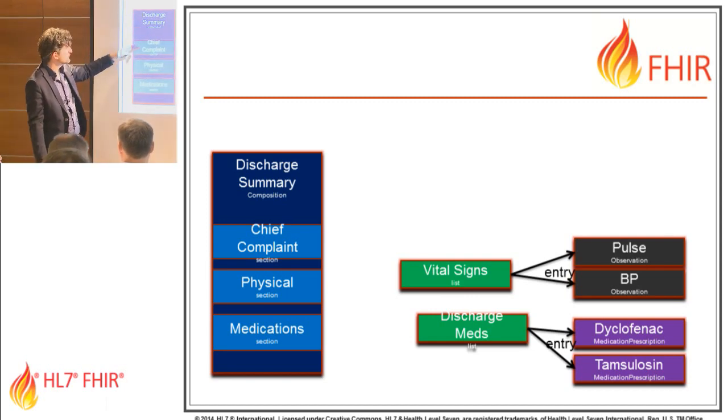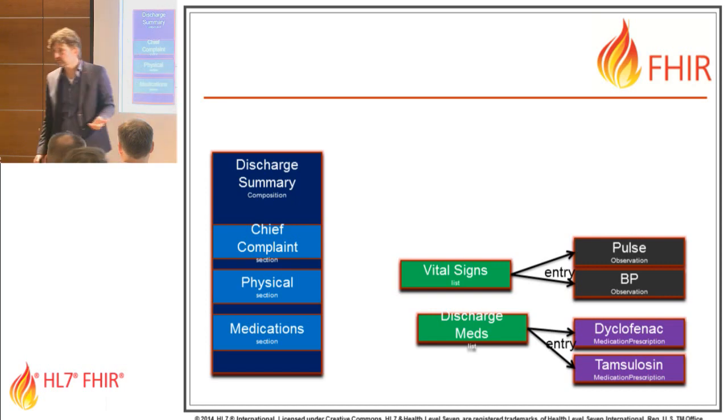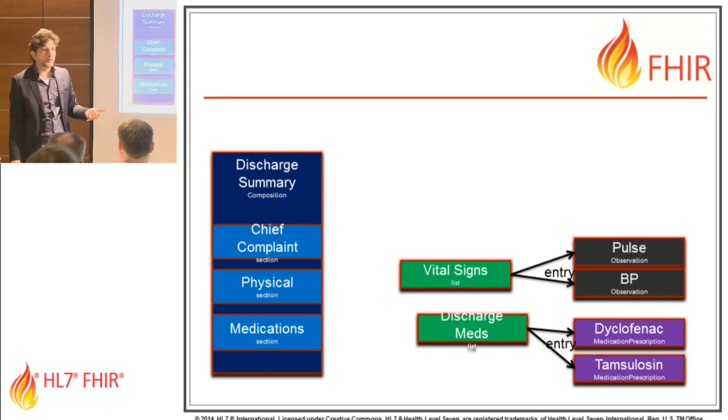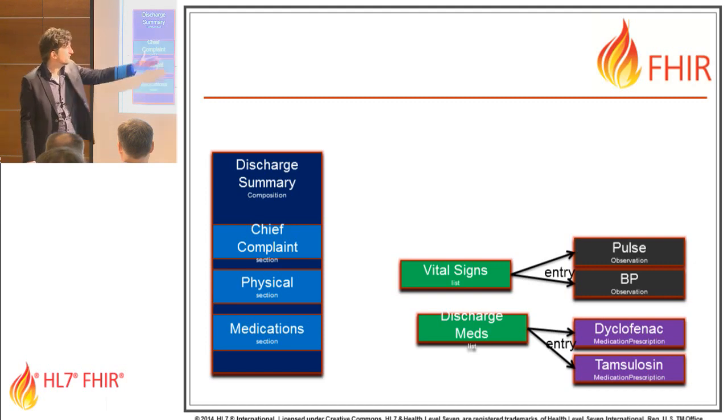The composition resource contains sections, so we can put our document nicely into human readable sections. And these sections will then point, for example, to these lists. So this way, we compose what would otherwise be just a flat, big list of resources into a logical document.